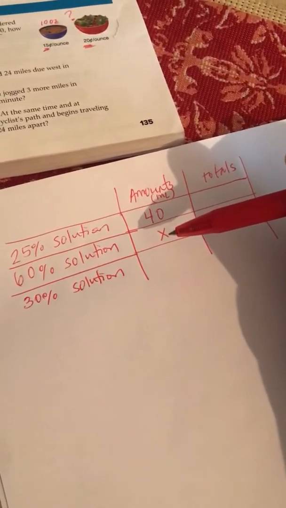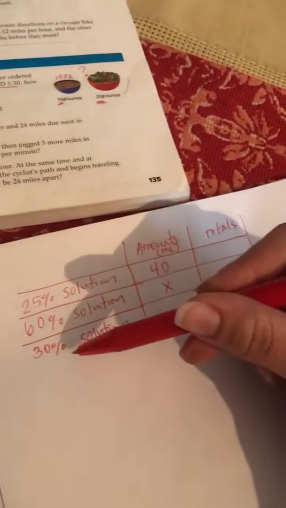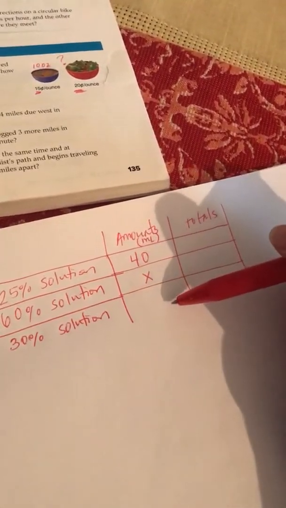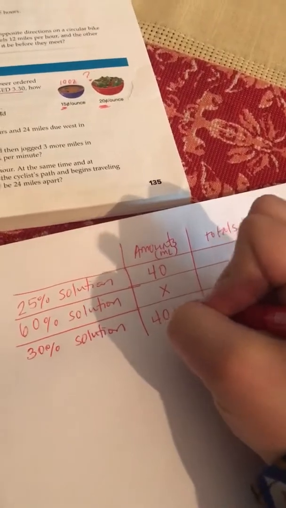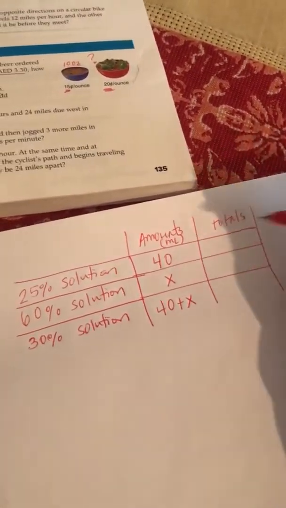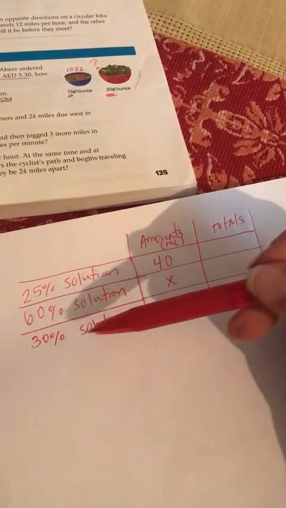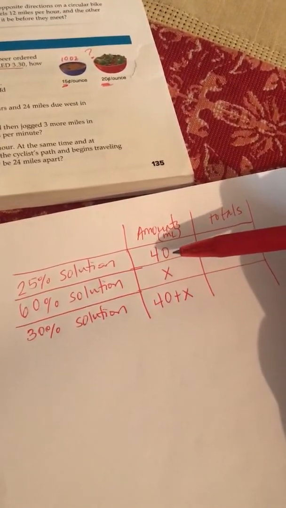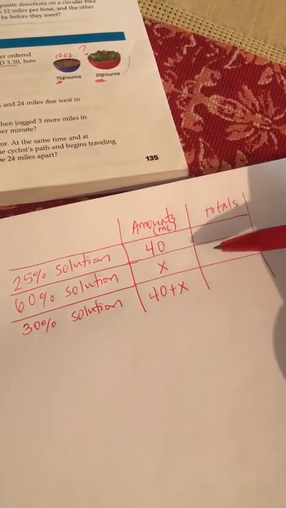And I know that the total amount of milliliters will be the 40 plus however much of the 60% I have. So the total amount of milliliters in the 30% solution will be the 40 that I have for the 25%, and then however much I add for the 60%.